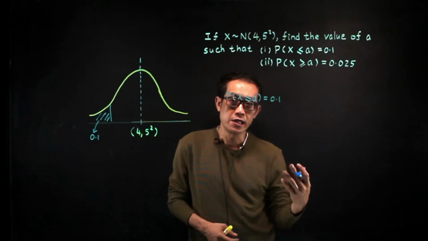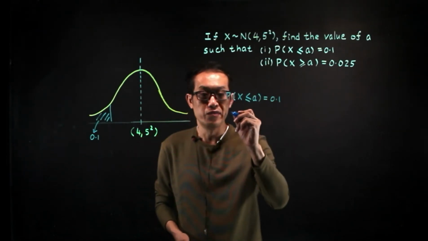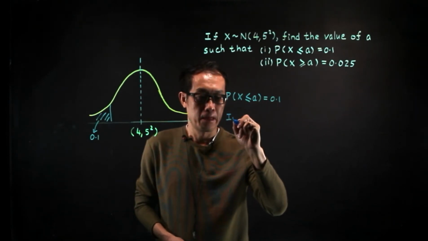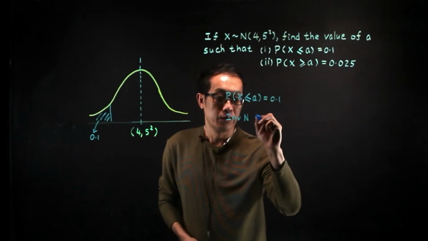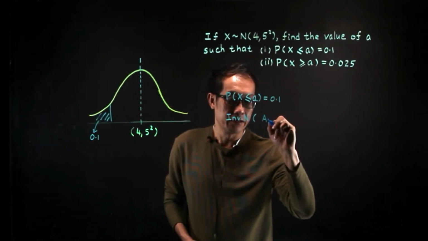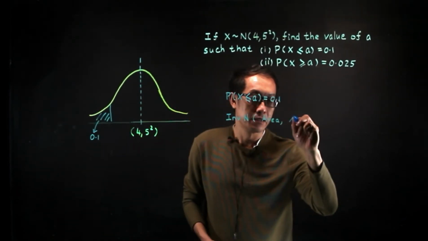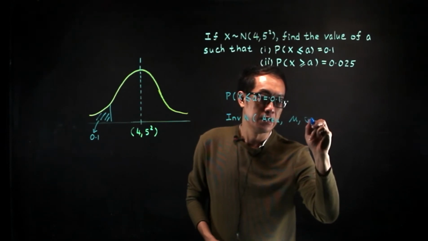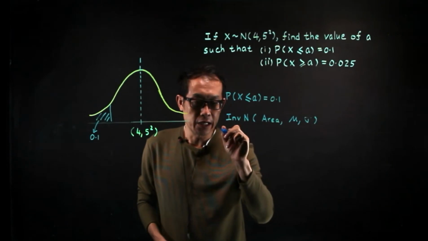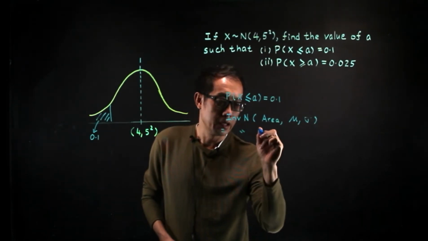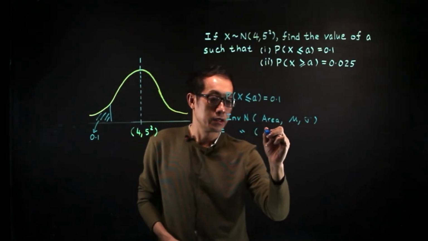If you are using the TI-84, you just go to the distribution option and you select inverse normal. Then they will prompt you. The first thing they prompt you is the area, followed by the mean and the standard deviation. So you just need to key in. Inverse normal. The area in this case is 0.1.